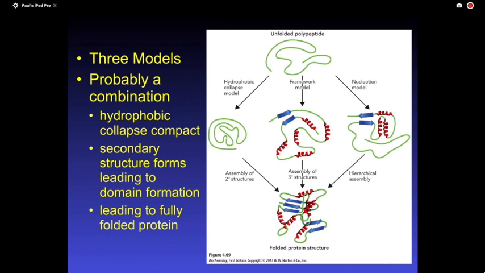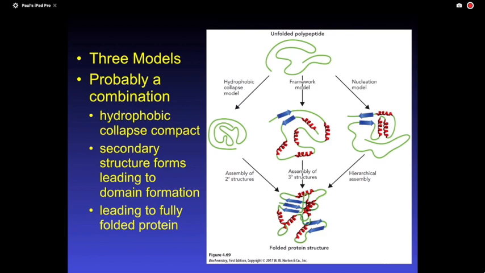Really, when people make a model, that's all well and good. Very often it is not one single pathway, but a combination of these. Certain proteins may rely a little bit more on one of these things in their folding pattern than others, but it's all a combination. Every protein collapses upon itself to hide the hydrophobics.